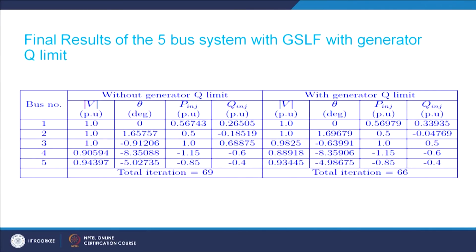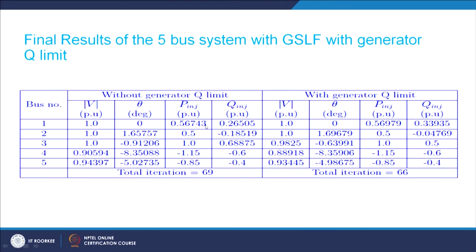Now, here is an interesting point. If we look at the injected real power, we can see that the total amount of injected real power is more than the total amount of load. It has to be, because the total generation should be load plus loss.